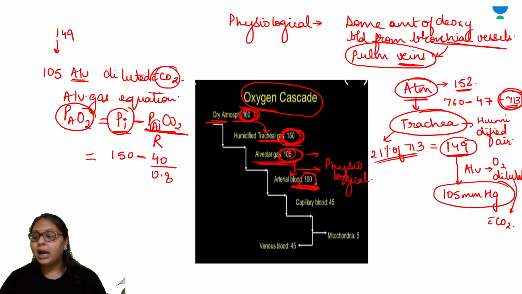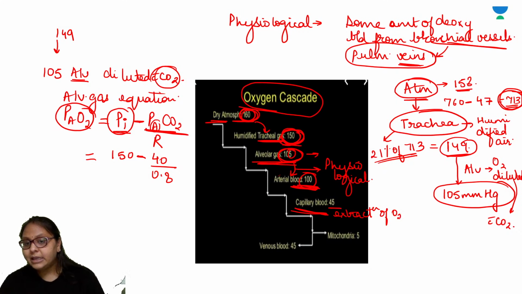Therefore at the level of the arterial blood it is only 100 millimeters of mercury. Capillary level, tissue level पे because of the oxygen extraction by the tissues, it is further decreased to 45.